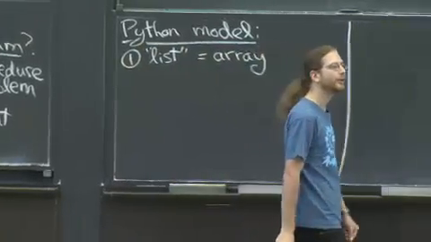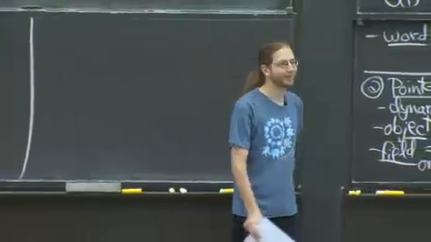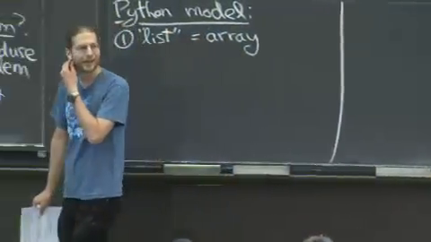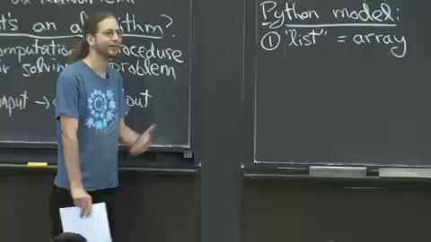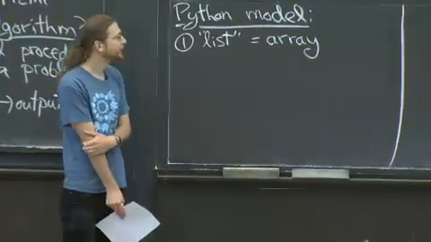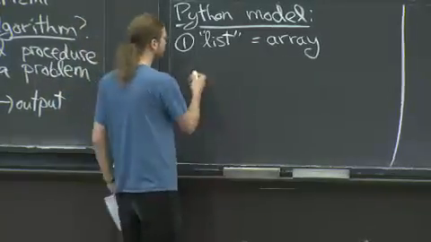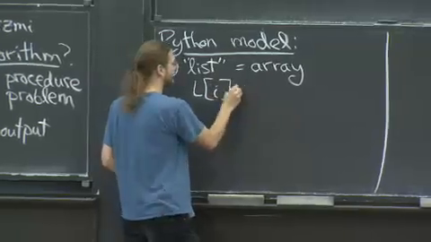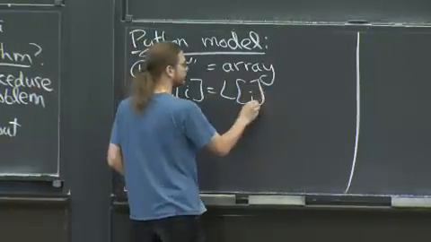Question? You thought Python lists were linked lists. That's why it's so confusing. In fact, they are not. In, say, Scheme, back in the days when we taught Scheme, lists are linked lists. And it's very different. So I'll give an operation here. You have a list L, and you do something like this.